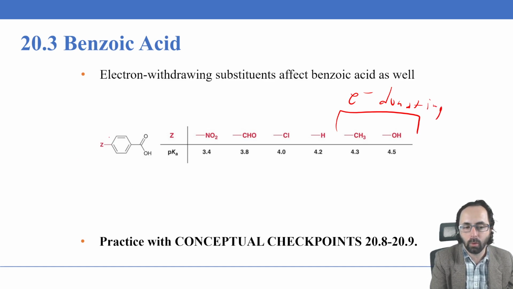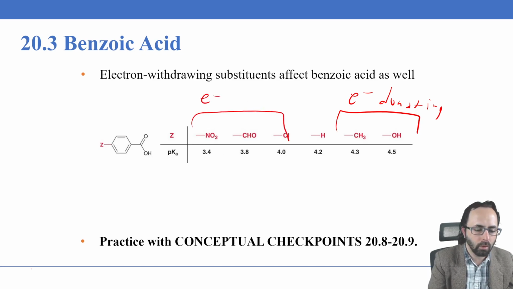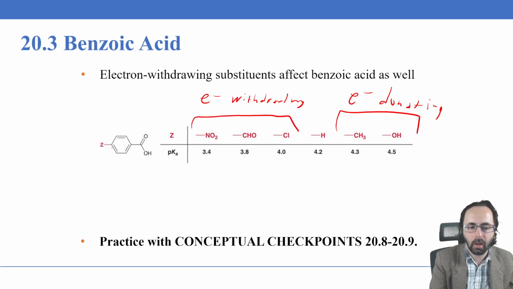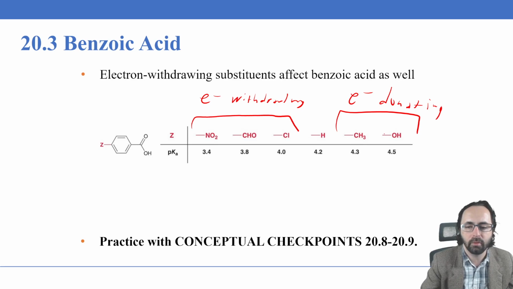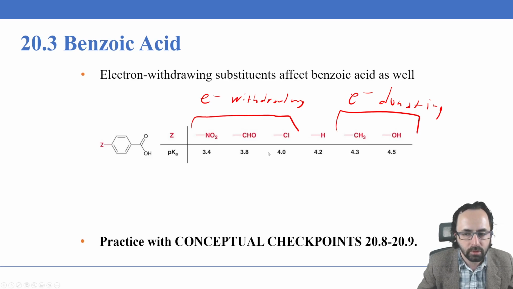These are electron withdrawing, and they stabilize that negative charge by providing it another place to go, not just in the aromatic ring, but over here into the electron withdrawing group as well. Whereas if we have these electron donating groups, these electrons are then only stuck to the ring, and in fact there's even more electron density being donated, contributing to a greater negative charge and lower stability here.